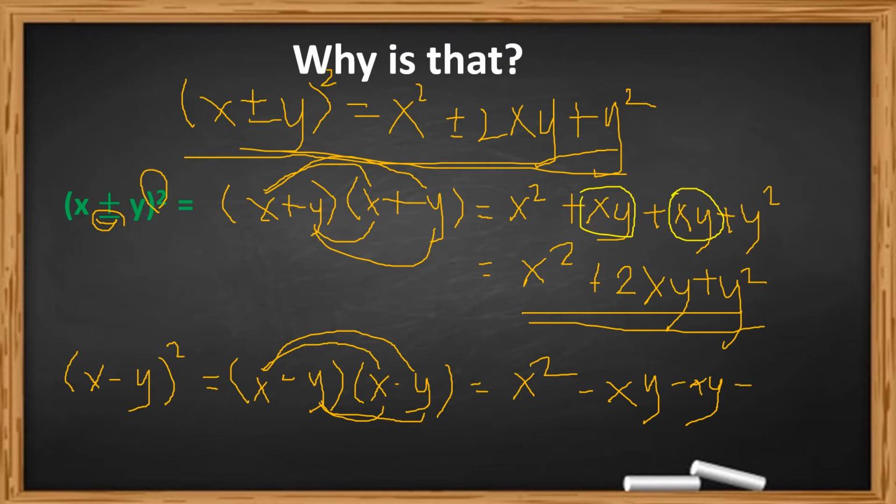Remember that when you multiply a negative with another negative factor, the result is positive. So that's y squared. So that is x squared minus 2xy plus y squared. And there we are. We have shown the perfect square trinomial equivalent of (x minus y) squared.